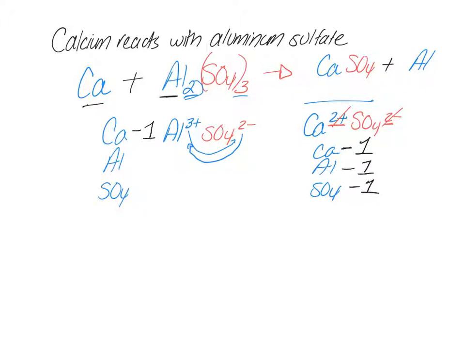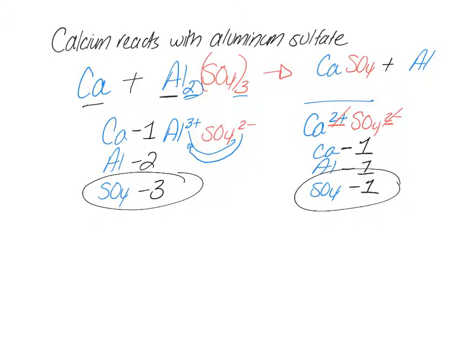Over here I have 1 calcium, 2 aluminums, and 3 sulfates. So I might want to start by doing the sulfate group. So I have 3 sulfates, so I want to make 3 over here. So I'm going to put a 3 in front of here, and that makes the 3 sulfates. I have 2 aluminums here, so I'm going to put a 2 in front of here to make this 2.